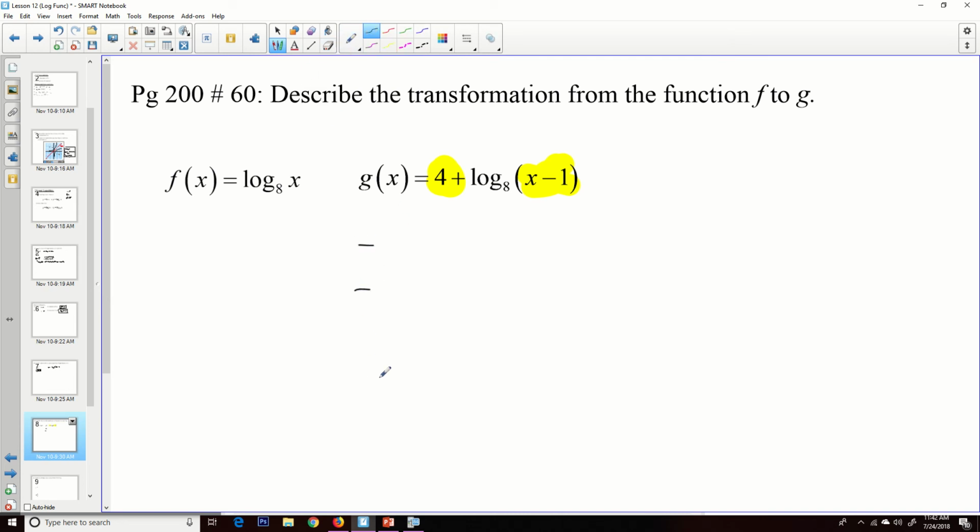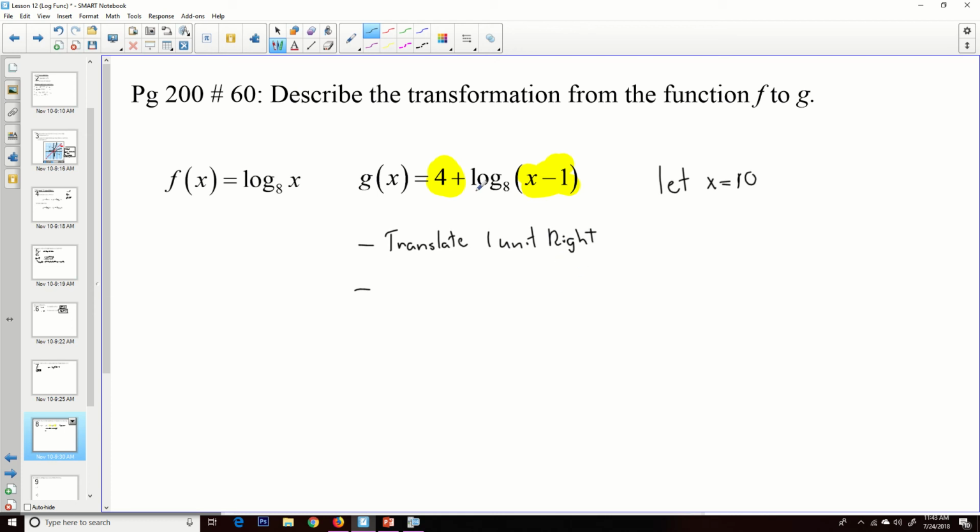Again, we're just going to say let x equal 10. That works because 10 is in the domain. And see what happens. When I plug in 10, what's the first thing that happens? I subtract 1. Since I'm subtracting 1 from the variable, that means translate 1 unit right.